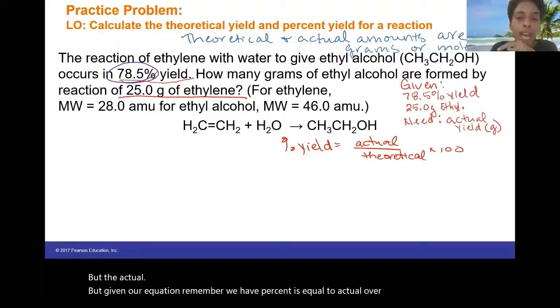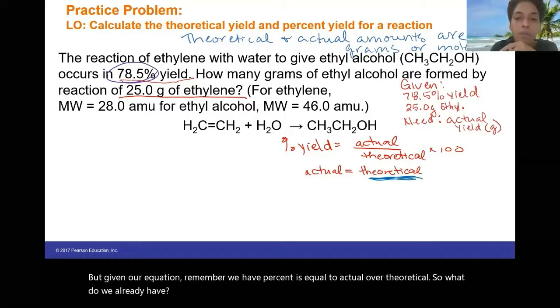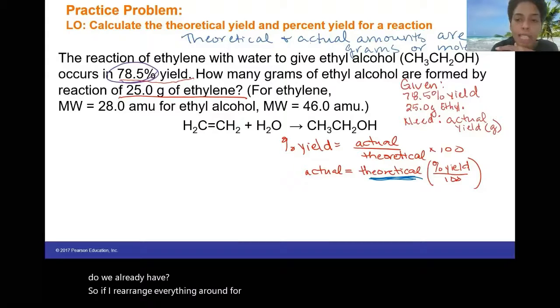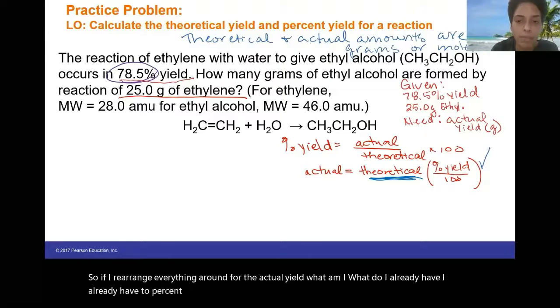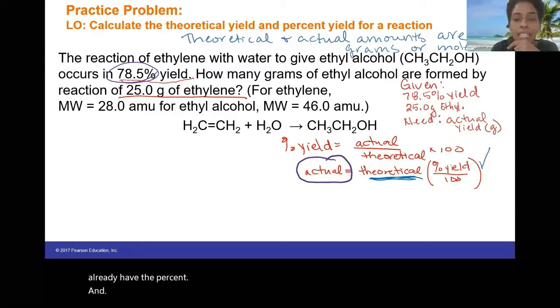So if I rearrange everything around for the actual yield, what do I already have? I already have the percent. And I need my actual, right? So before I can calculate the actual, I have to calculate the theoretical.